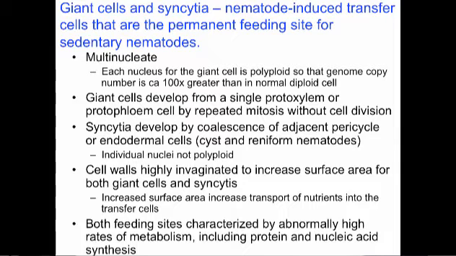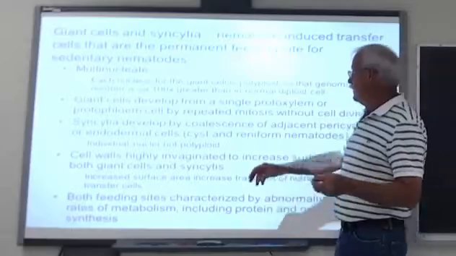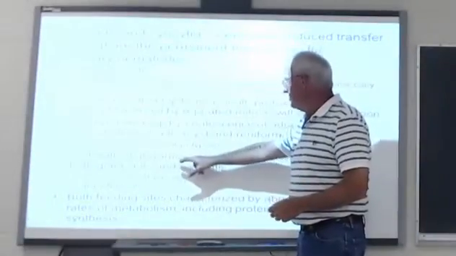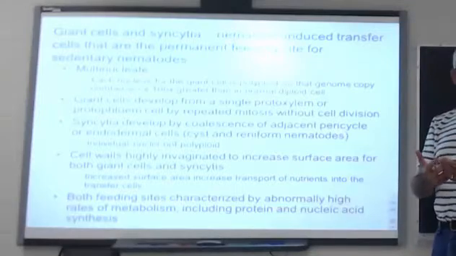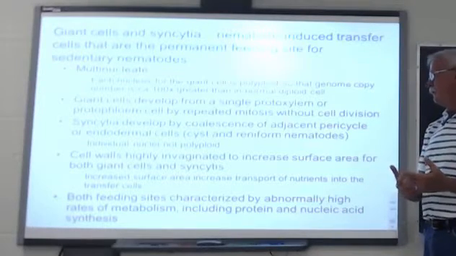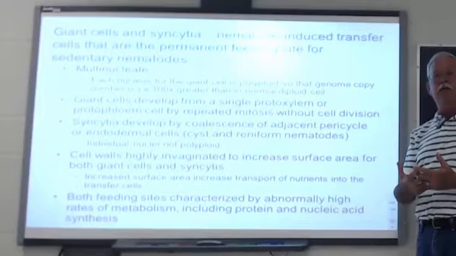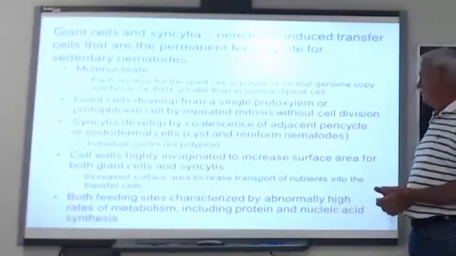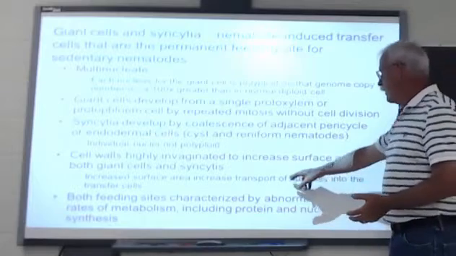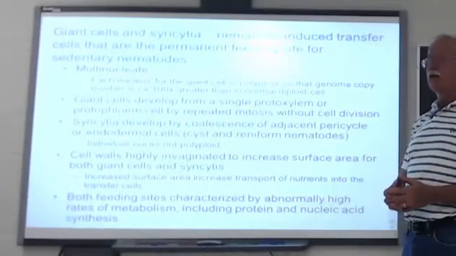An interesting characteristic of these feeding cells is that the inner cell walls are highly invaginated. This greatly increases the surface area of the plasmalemma and increases the amount of area available for active transport of photosynthate into the cell.